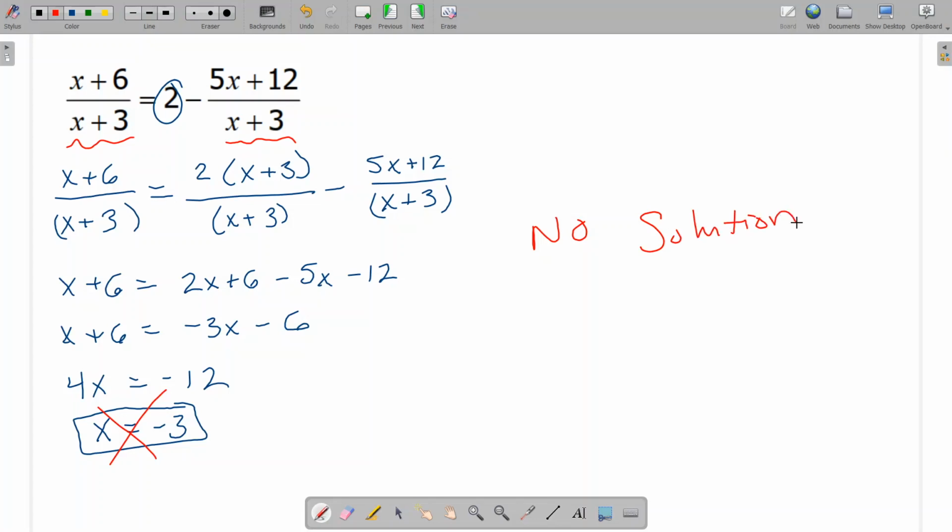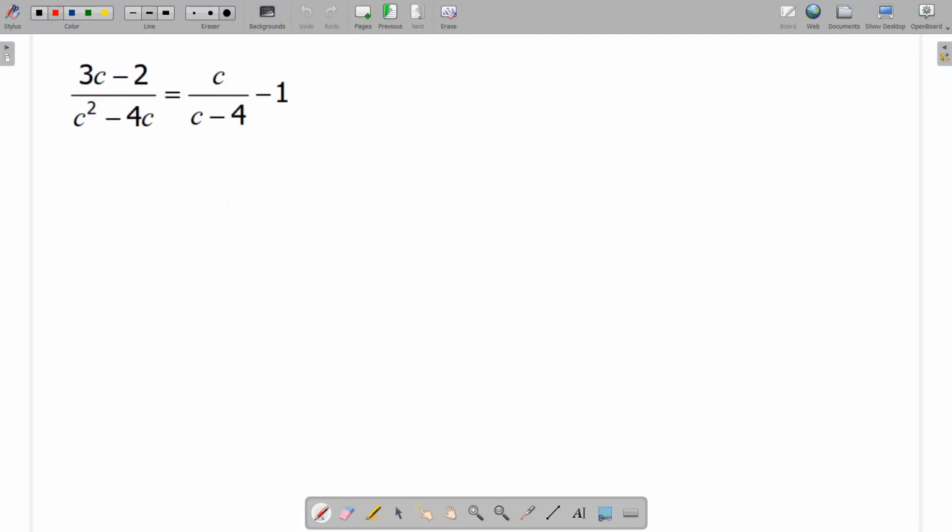So let's look at one final problem. Okay, that right side needs combined into a single rational expression. So it's going to need multiplied by c minus 4 over c minus 4. I'm also going to factor this denominator, so hopefully there's something in common between the two sides here.